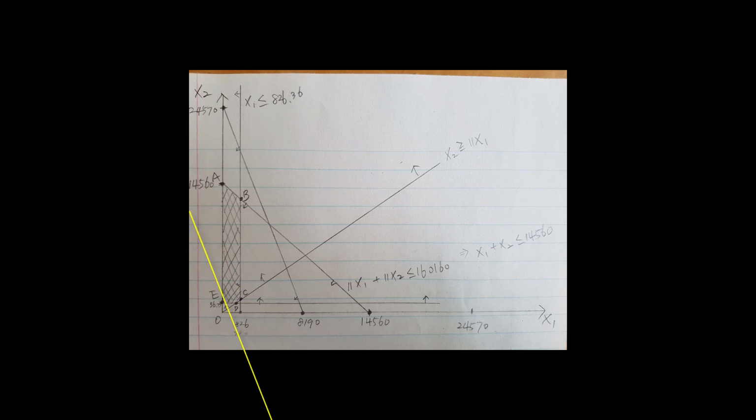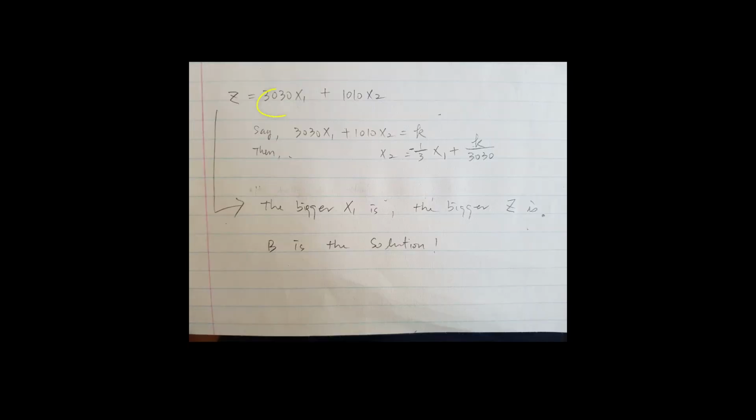Let's go back to the objective function again. It shows 30x1 plus 10x2, and obviously you can see that the more x1 you have, the bigger z will be, right? Say x1 is 1 and x2 is 1, then you will have 30 plus 10, and that's going to be 40.